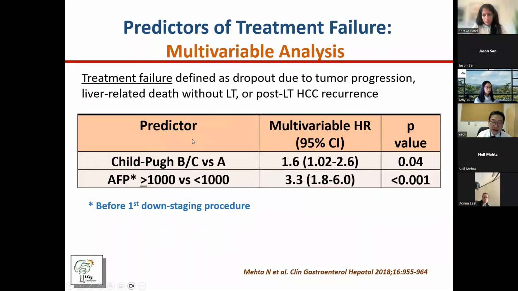And the 2 factors that we identified to be independent predictors of treatment failure are when patients have Child B or C cirrhosis, and also high AFP, at least 1,000.